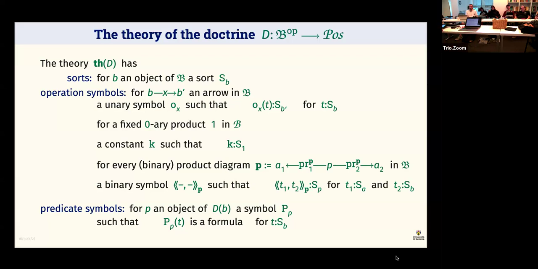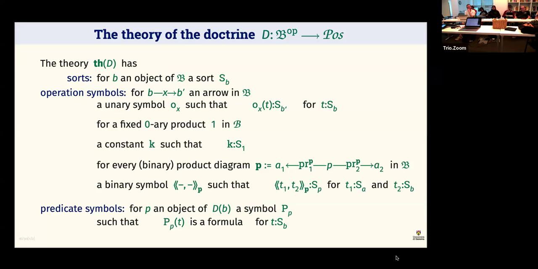It's going to be a theory with sorts and with two layers, actually, of conditions. There are sorts. There is one sort for each object of the base category.